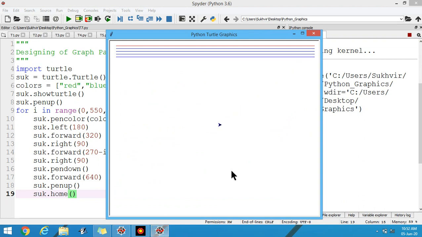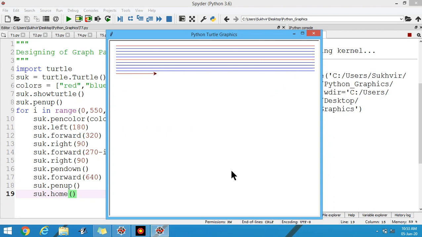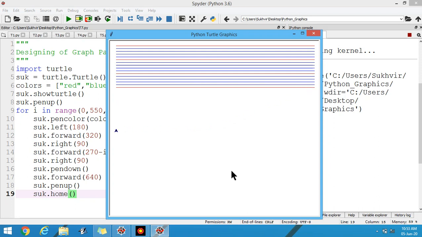First is red and 4 lines are blue, and again red, and again 4 lines of blue color, then again red. It will design all the lines with a gap.